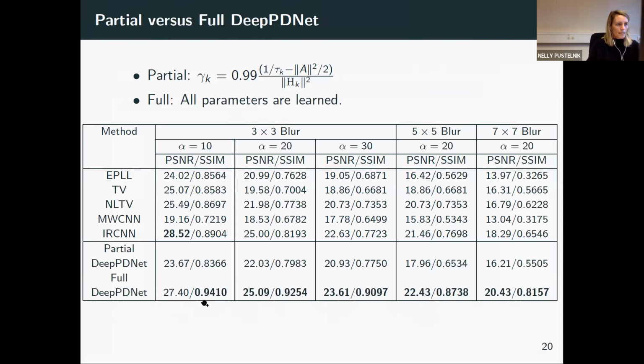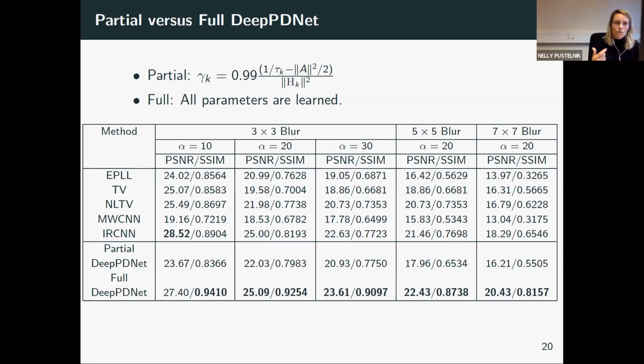But I would like to insist on something, which is that we propose, in a sense, two networks, one called partial, the other called full. The partial one is when you fix one of the parameters, one of the step sizes of the algorithm, in order to satisfy, if you want, the convergence of some algorithm.